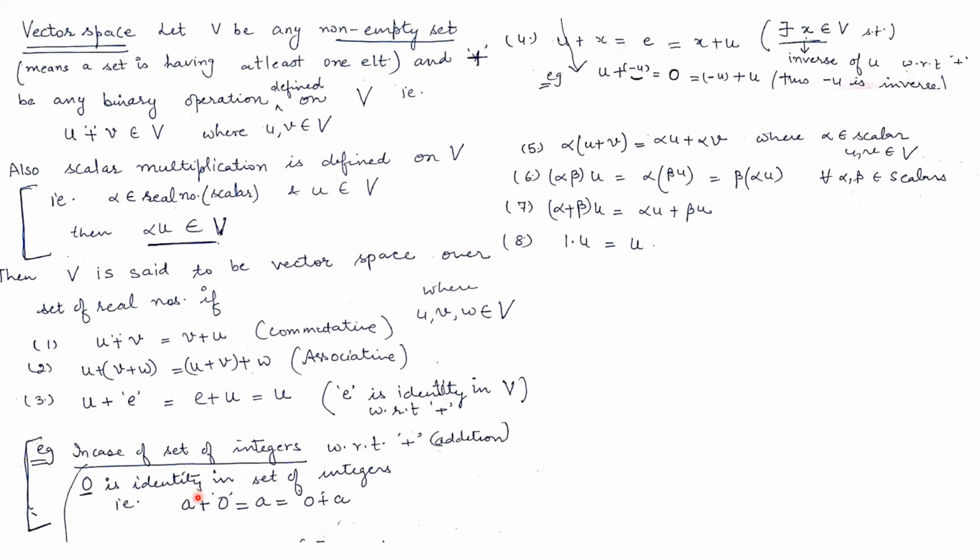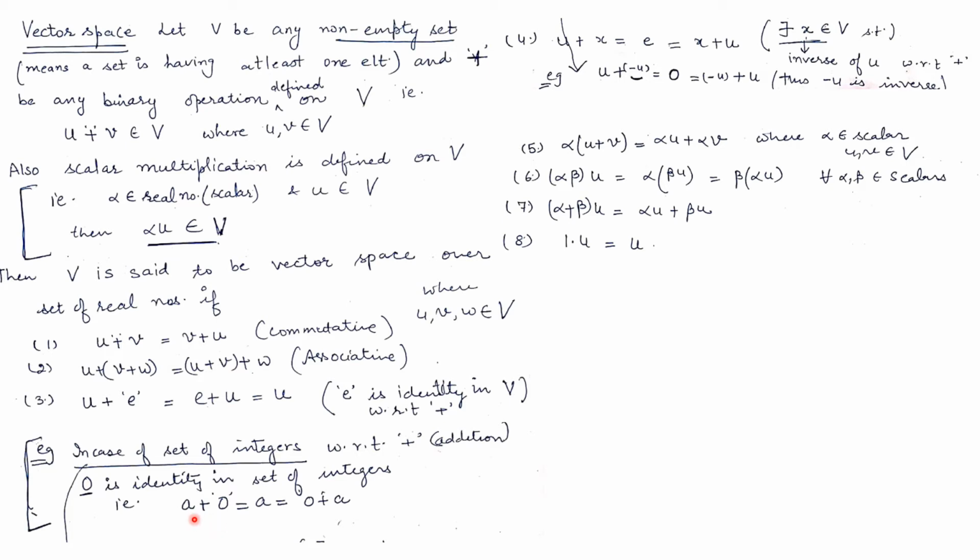However, if we define addition as multiplication, then in the set of natural numbers with respect to the binary operation multiplication, what will be the identity? Just see, a is any natural number. Here your addition is defined like multiplication.